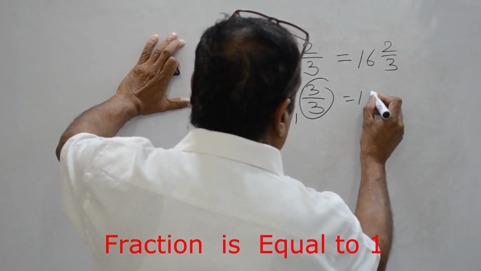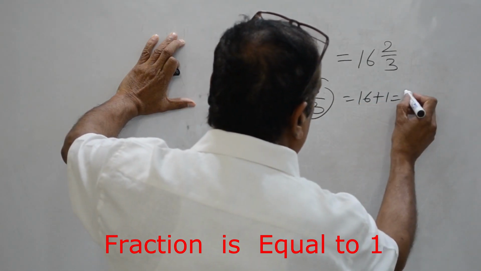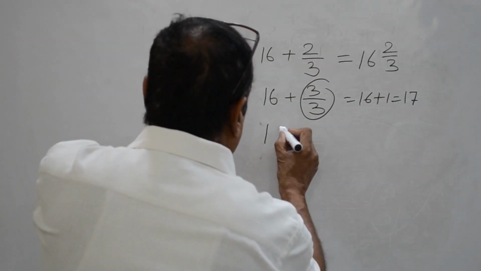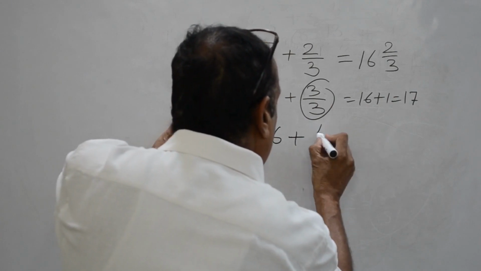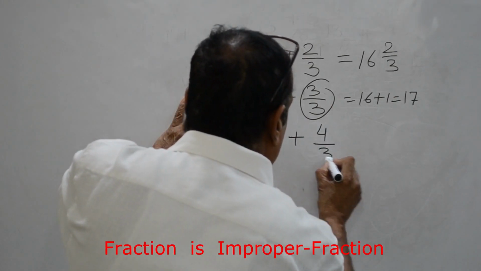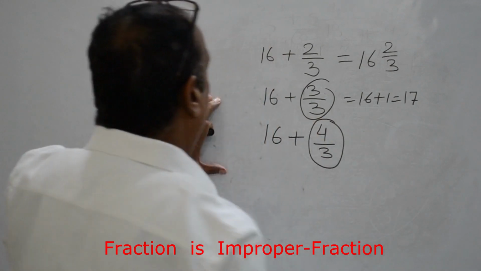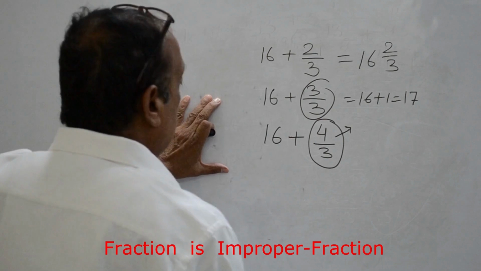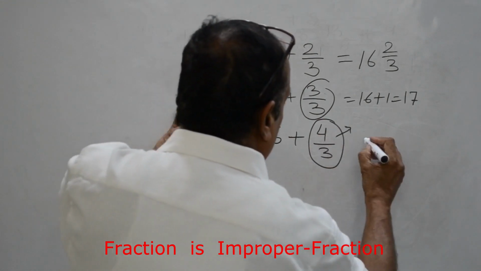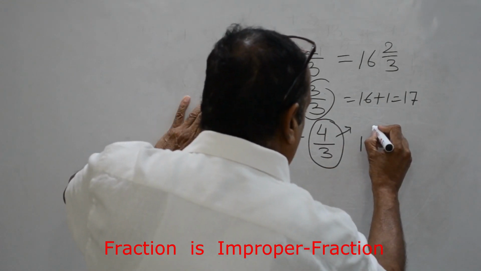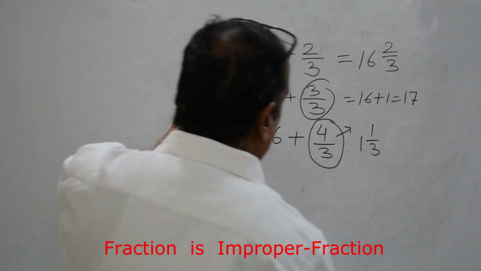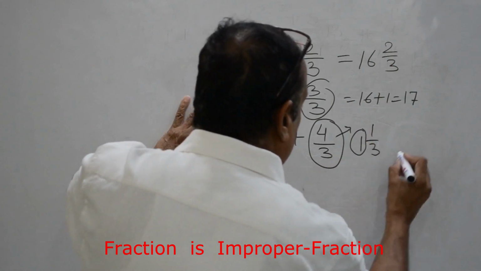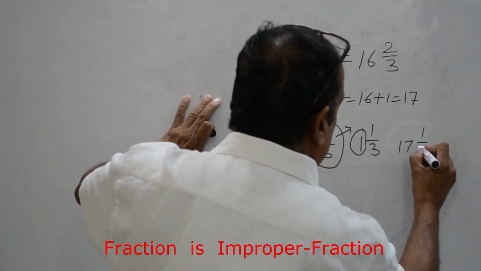So the answer will be 16 plus 1 is 17. If we get an improper fraction in the fractional part, then we have to convert this improper fraction into a mixed number, and our answer will be 16 plus 1, 17, 1 upon 3.